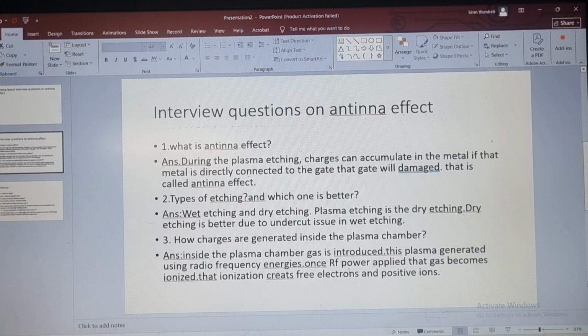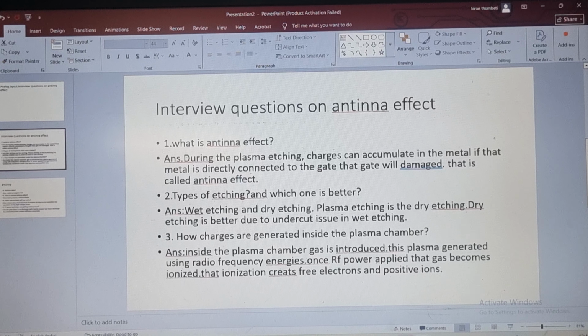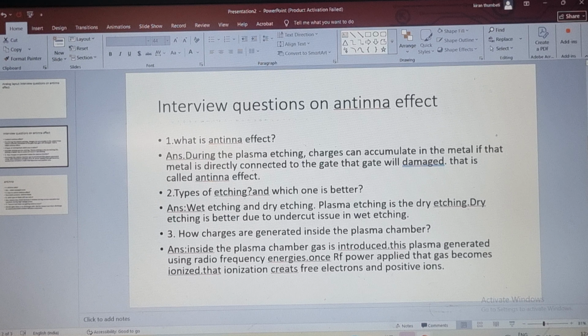Once radio frequency is applied to that gas, the gas becomes ionized. That ionization creates free electrons and positive ions. Inside the plasma we have the same number of electrons and ions. Because of these, we get the issue of antenna effect.